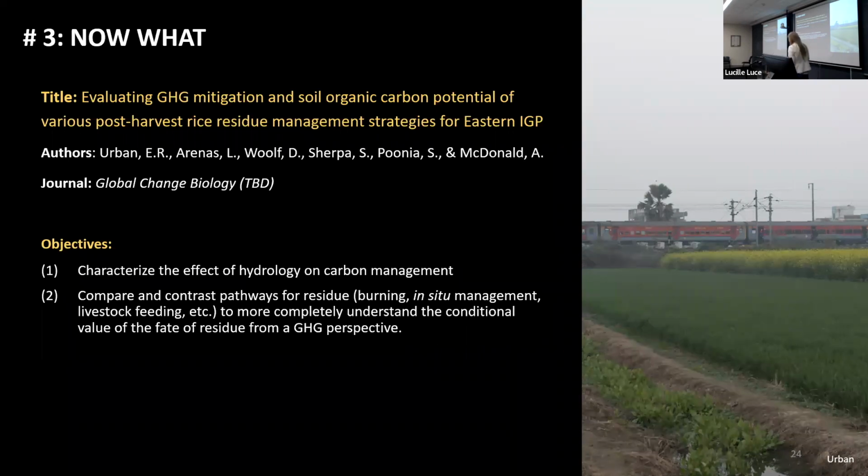And so it looks at various pathways, but specifically looks at in situ management and the effect of hydrology on carbon management in these systems, and then compares and contrasts all these pathways to more completely understand the conditional value of residue in these systems from the greenhouse gas perspective.